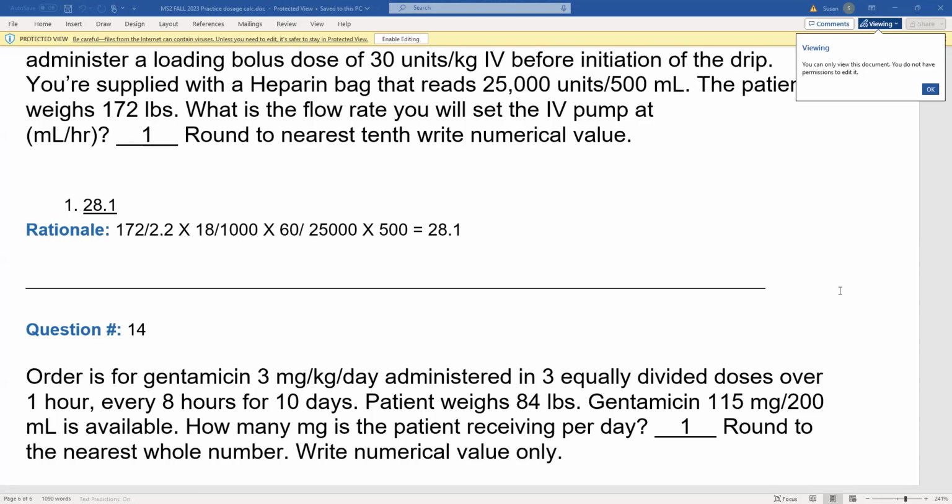So how many milligrams are they receiving per day? What'd you get? Is it 598?